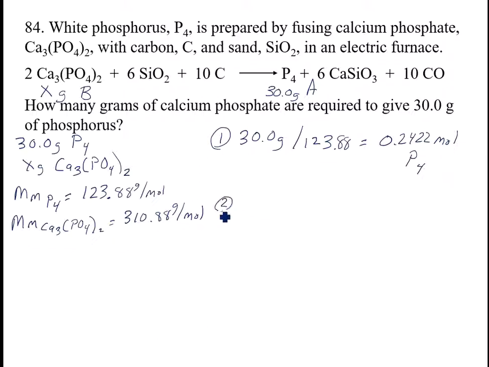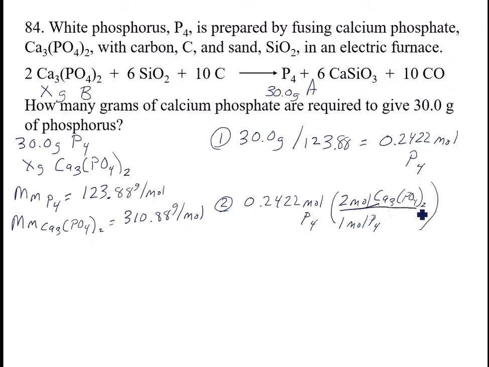Step 2 is to do the mole-to-mole ratio, so I start with 0.2422 moles times, okay, I have a coefficient of 1 here, but does this go on the top or the bottom? I should have written down P4 there. It goes on the bottom because I want to cancel it, so 1 mole of P4 on the bottom, and the 2 here goes on top, so 2 moles of Ca3(PO4)2.